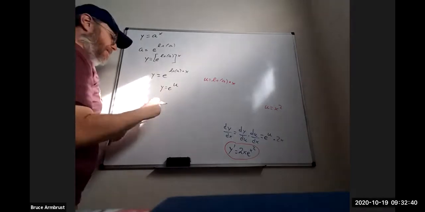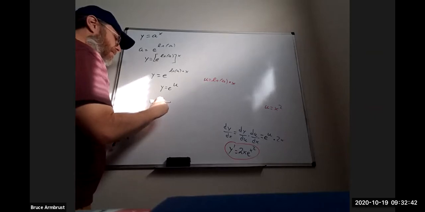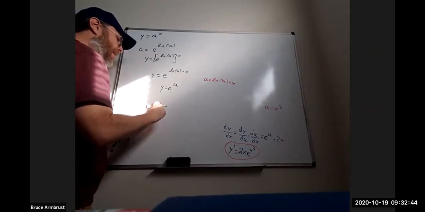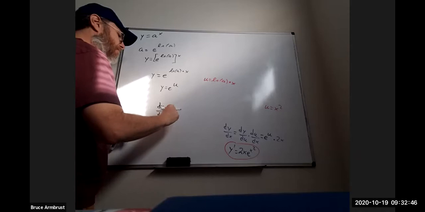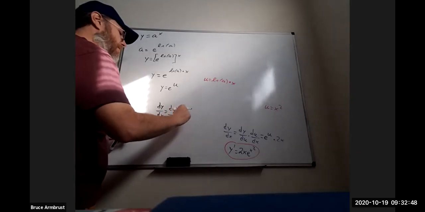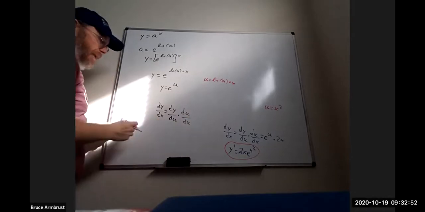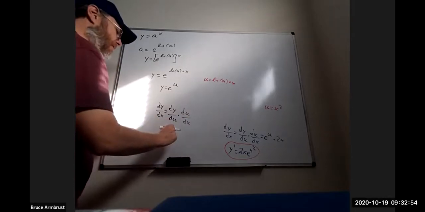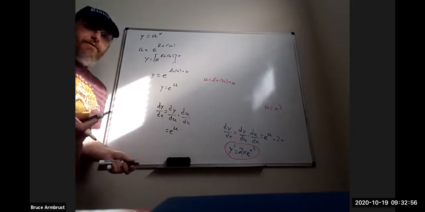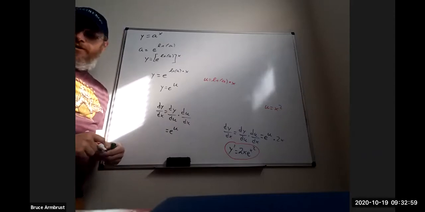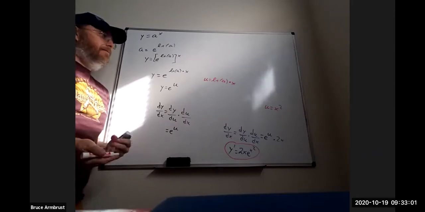So I can differentiate that pretty easily. Right? So dy dx, again, is going to equal dy du times du dx. And the dy du is just e to the u, always. Again, you're going to love e's. That's just e to the u.